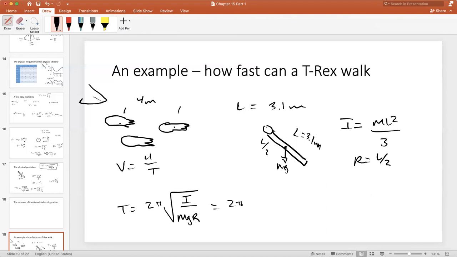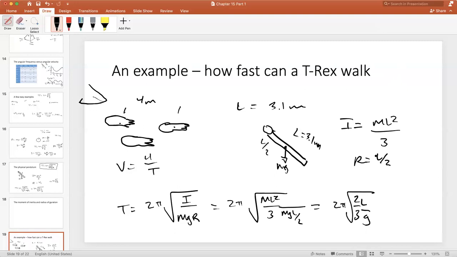So again, just like before, we get mL squared over 3 divided by mg L over 2, which gives us 2 pi times the square root of 2/3 L over g, assuming it's on the surface of the Earth and L is 3.1. Let me figure out what this is. 2/3 times 3.1 divided by 9.81.